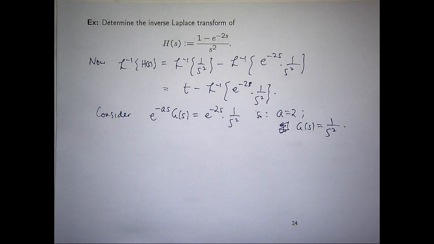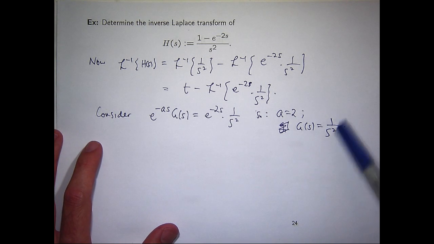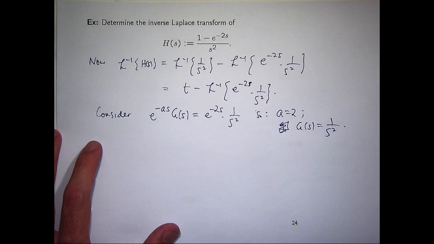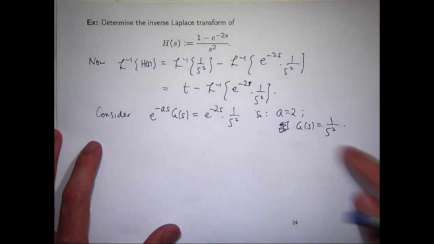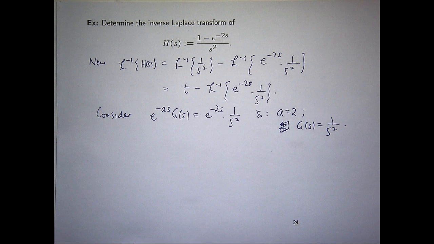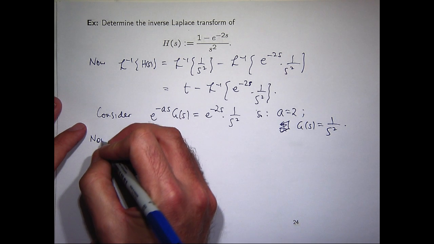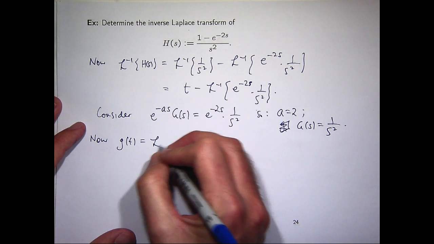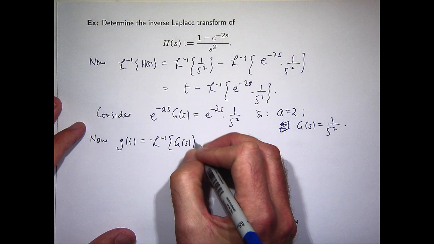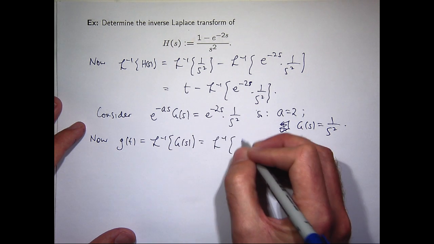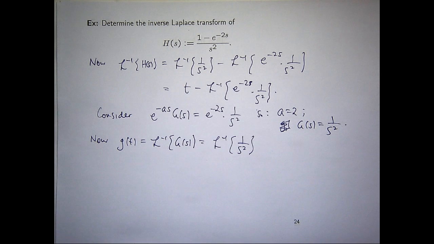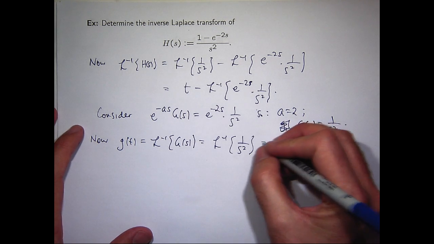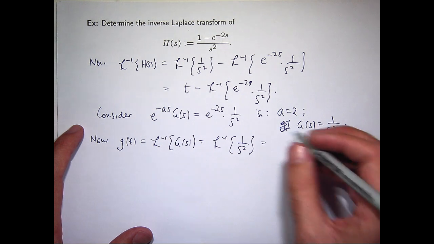By the second shifting theorem, what we want to do is take the inverse transform of that to form little g of t, and then shift it, and then multiply through by the appropriate Heaviside function. The inverse transform of 1 on S squared is just t, again, just from the table above.